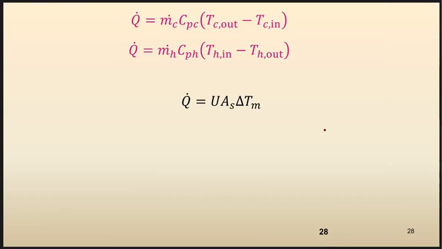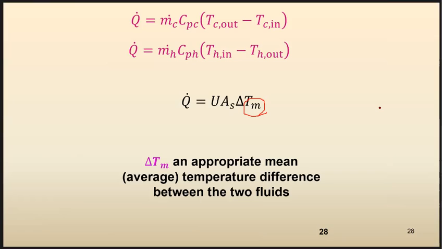So what's the boundary between the cold and hot side? Times some mean temperature, delta T sub M, between the hot side and cold side. This is some appropriate mean or average temperature difference between the two flows of the cold and hot fluids.